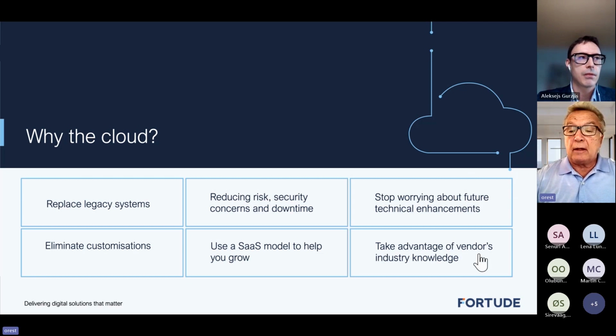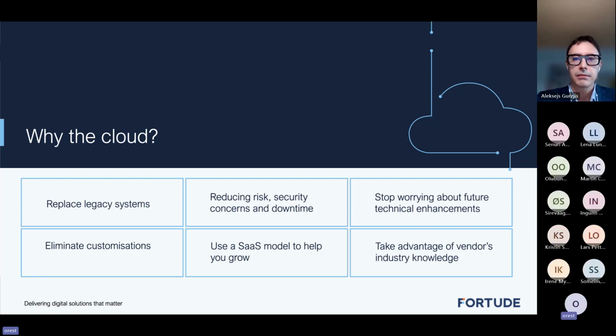So with that in mind, let's get started with what we're going to be talking about today, which is, first, why the cloud itself and what the cloud means to everybody in the system. But before we do that, what is the cloud? The cloud itself is a term that's used to describe a global network of servers.